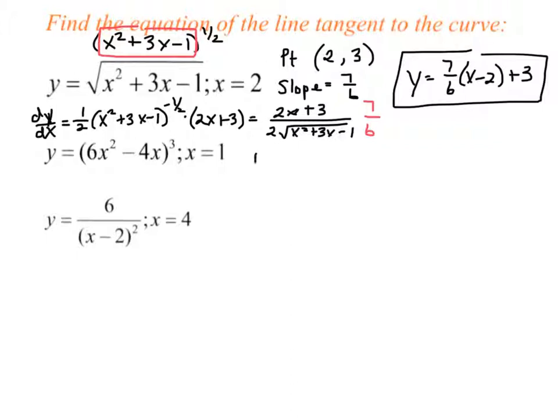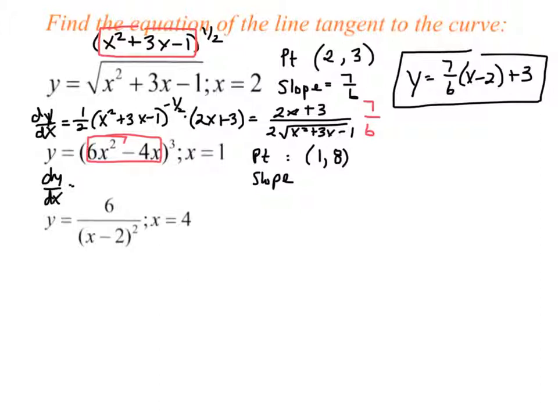In this one, we need the point, we need the slope. The point, well, it says x is 1. So if I plug 1 in, I get 6 minus 4, that's 2. 2 cubed is 8. Okay. The slope, well, I need the derivative. So this is going to be my inside. Okay, so dy/dx.